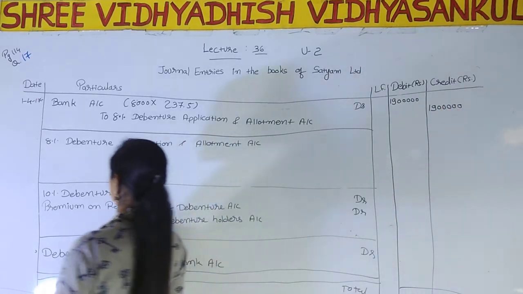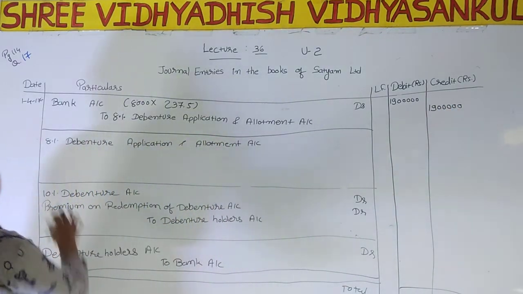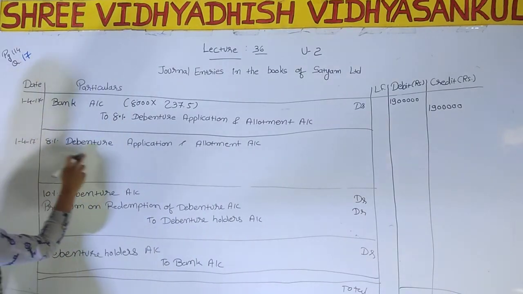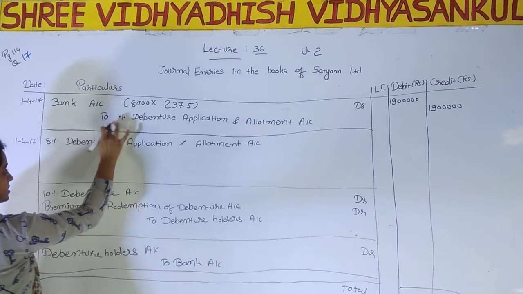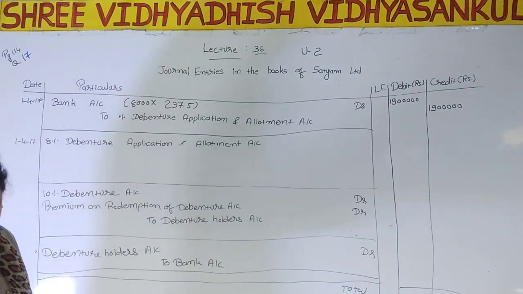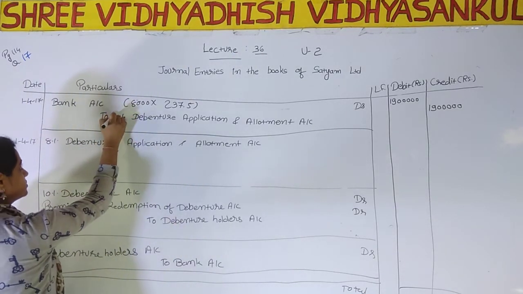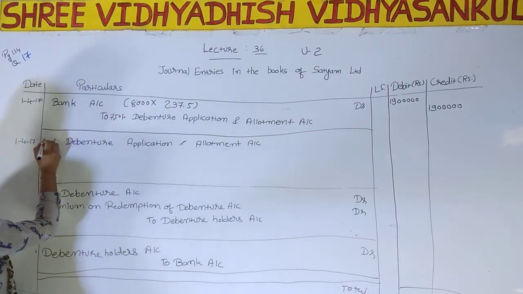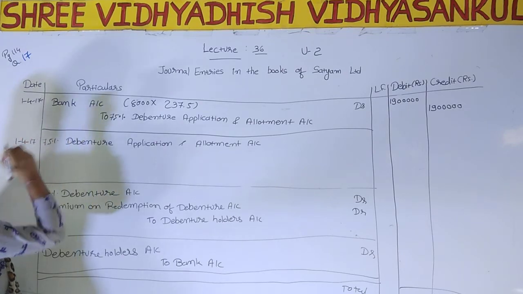Right? Now, the second entry is also for issue. That's why we have to write 1/4/17. Here the 8% will not come. The percentage of debenture is 7.5%. Right?